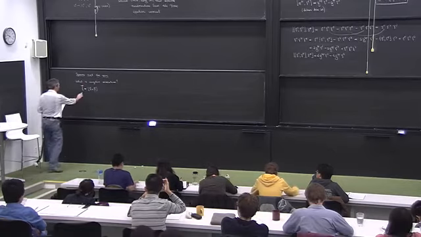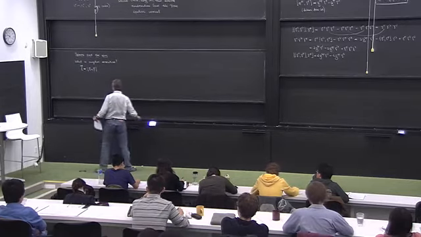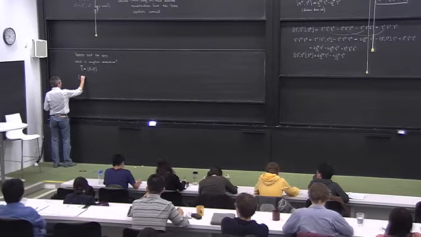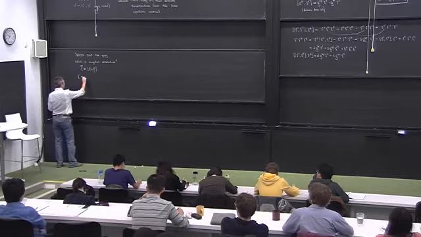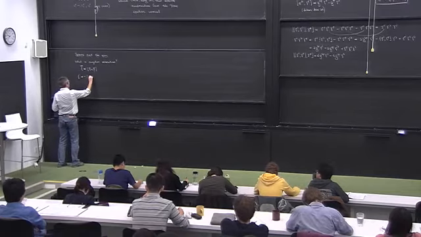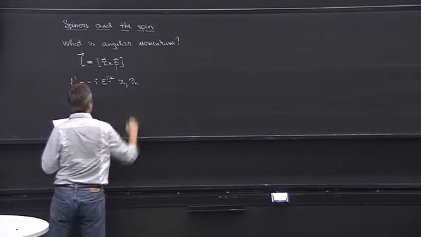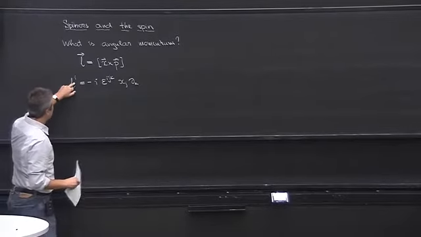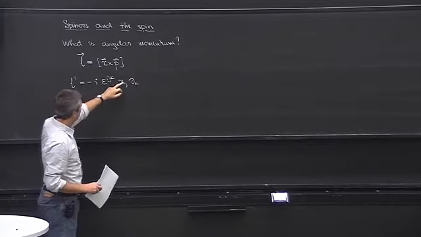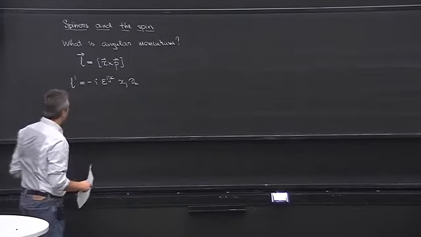Indeed, if you write this formula explicitly in terms of indices, and we will switch to the quantum mechanical notation where p is d over dx, then the angular momentum operator is given by the product of x and p contracted with the epsilon symbol.